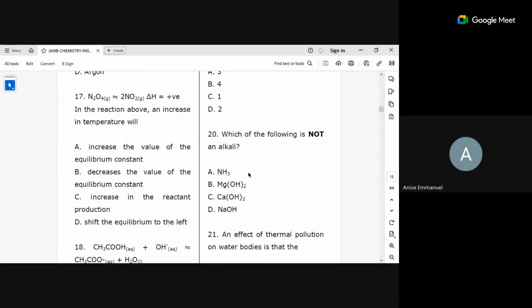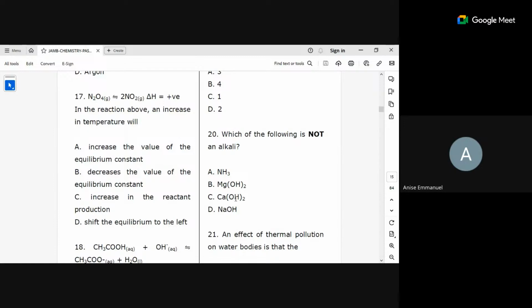Now, alkali. I was telling someone yesterday online also, alkali is different from base. All alkalis are bases, but not all bases are alkalis. When you dissolve bases in water, some will dissolve and another base will not dissolve. The soluble bases are called alkalis.